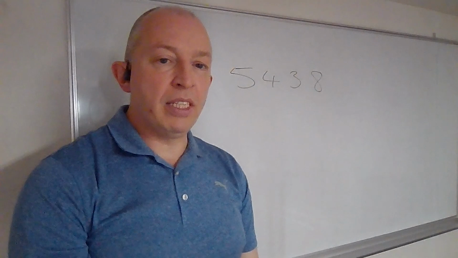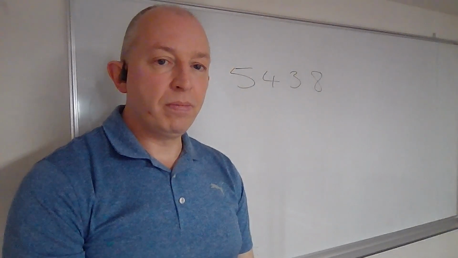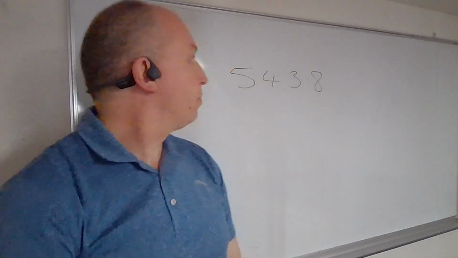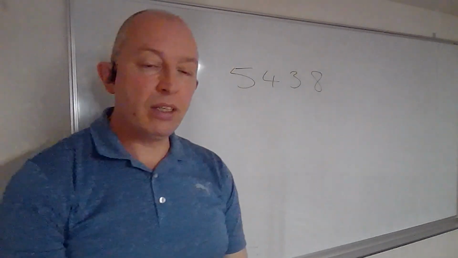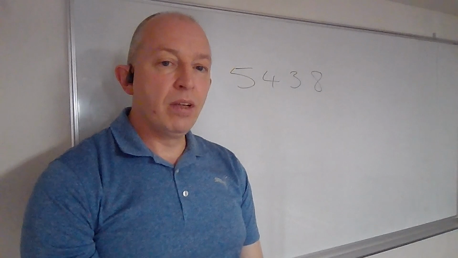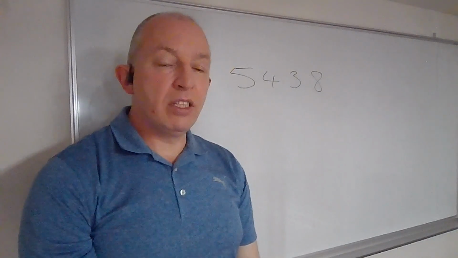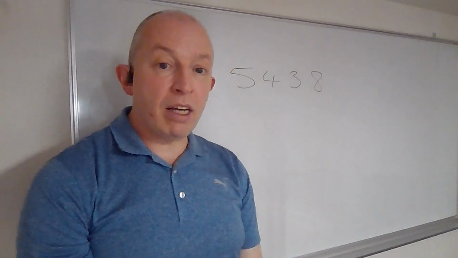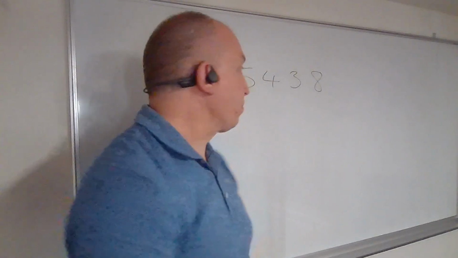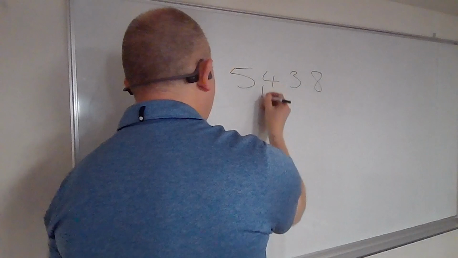How do you say this number? 5, 4, 3, 8. First of all, decide where to put the comma. You need to separate the last 3 numbers. So it goes here.